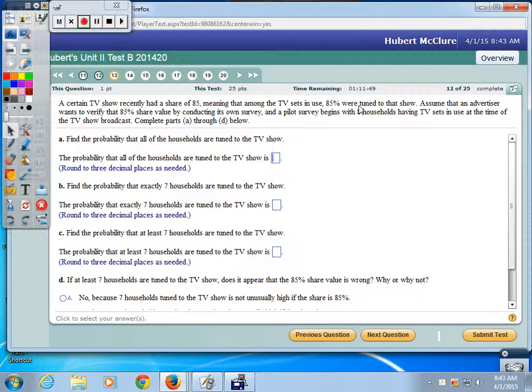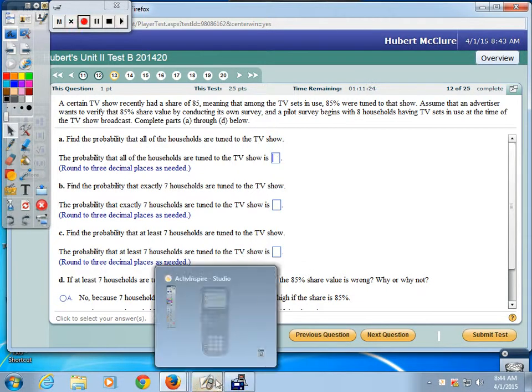What is X if the word says all, and you got 8 houses? Yes, you're right.